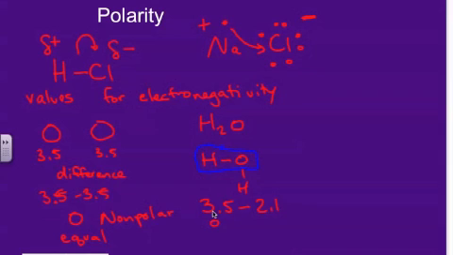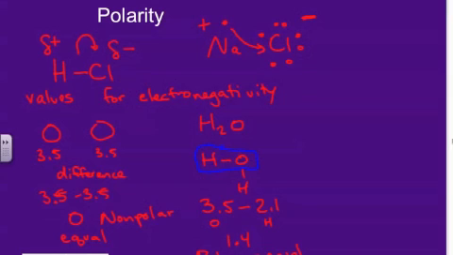So if I take 3.5 minus 2.1, I have an electronegativity difference of 1.4. So this 1.4 tells me that this is polar. This means that there is unequal sharing and an unequal charge distribution.